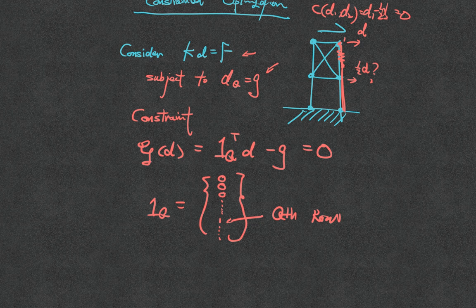For example, if I want to control the first 2 nodes, then that would be 1, 1, 0, 0, 0, and so on. So Q is not necessarily just 1 node, it could be multiple nodes. Whenever you want to put a constraint that is coupled, you just indicate it with 1, or you could have 2 constraints, where each constraint only controls 1 degree of freedom.